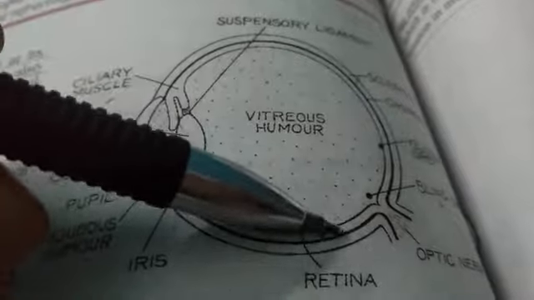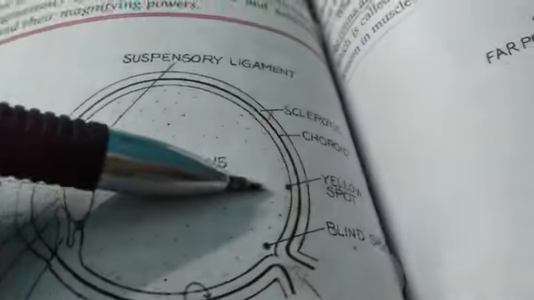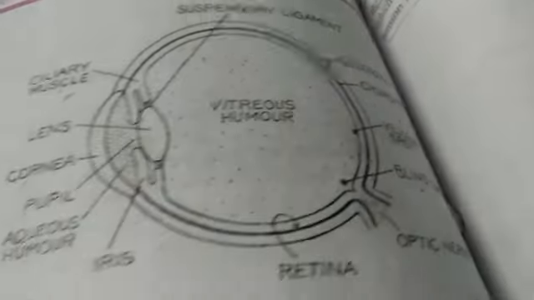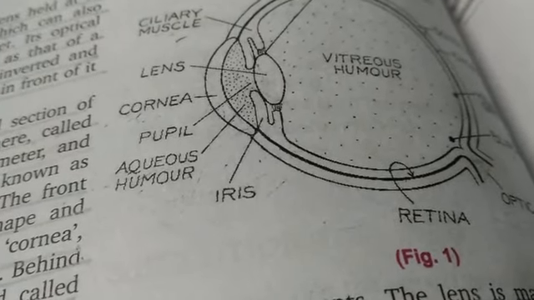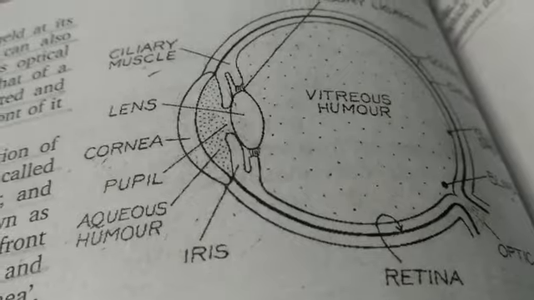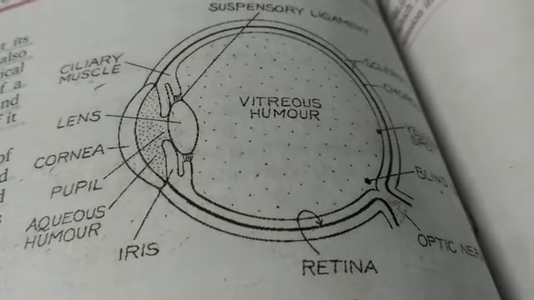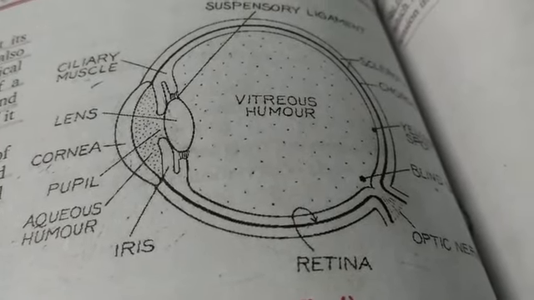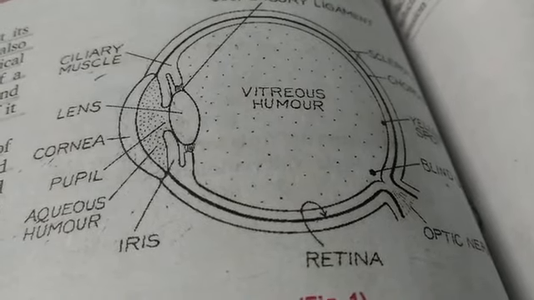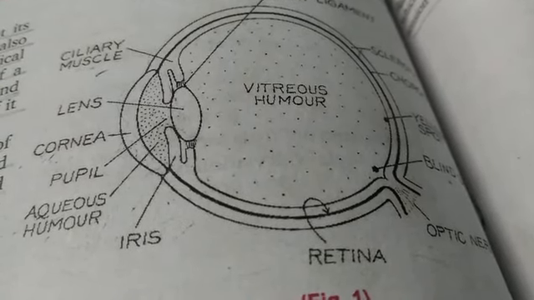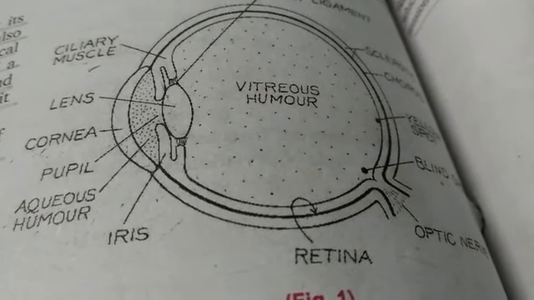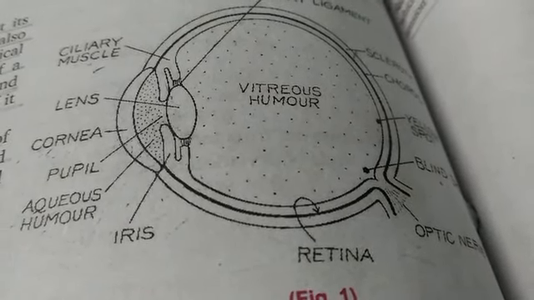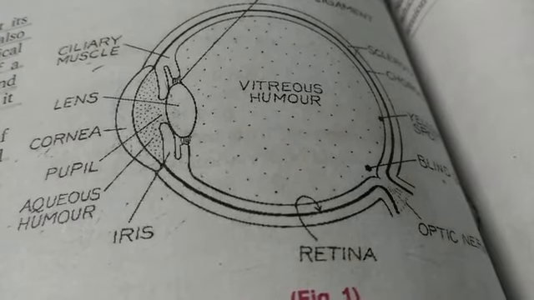Now here you can see two spots, blind spot and yellow spot. So the part of the retina near the optic nerve has no light sensitive cells and hence is insensitive to light. It is called blind spot. On the other hand, a tiny region where the axis of the lens intersects the retina is most sensitive to light, and it is called yellow spot.